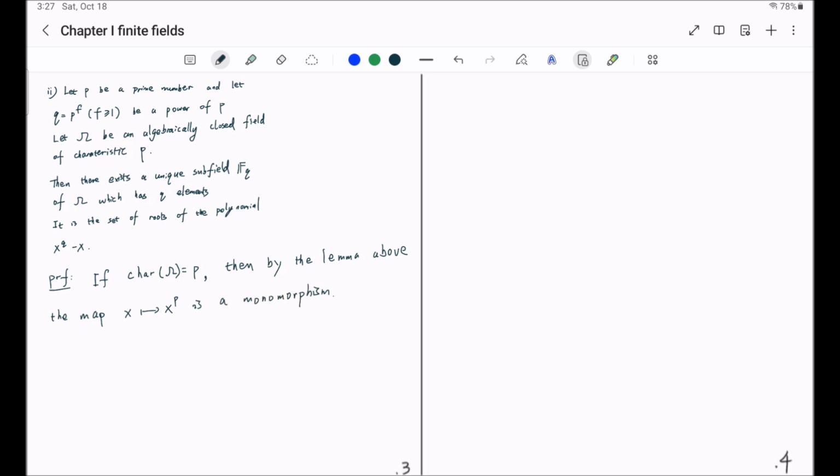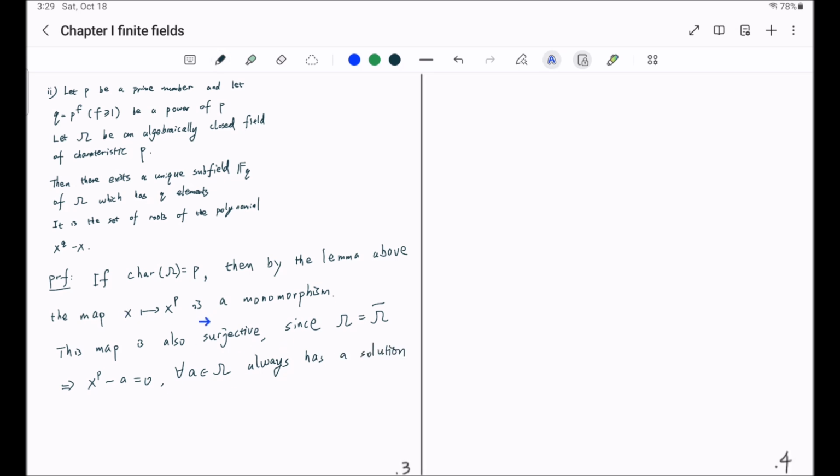Now we claim that this map is also surjective, or an epimorphism. This is because, by our assumption, omega is an algebraically closed field, and it follows that the equation x to the p minus a equal to 0 for any a in omega always has a solution.